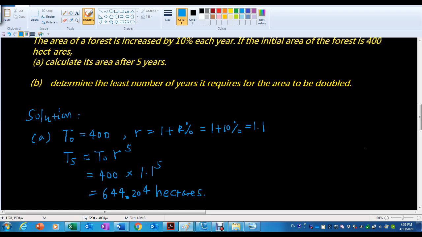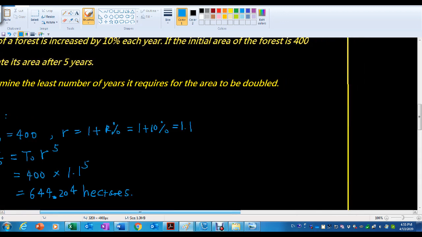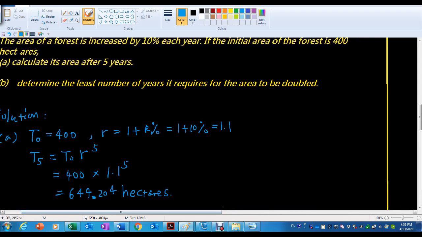So that's the number of hectares we have.